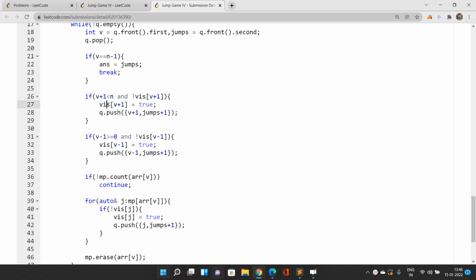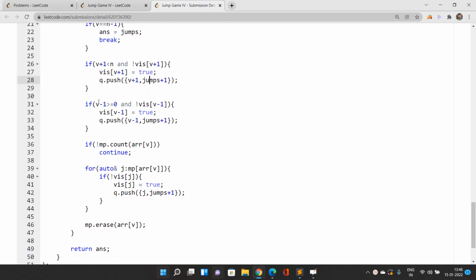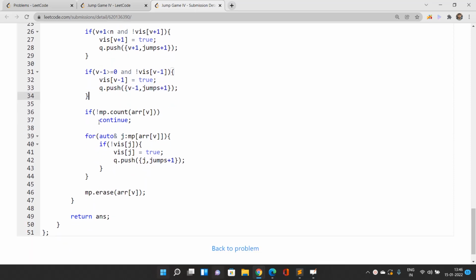Okay, so check the next value. If it is within the bounds of this array and not visited, just visit it, and the minimum number of jumps would be jumps plus 1, and push into the queue for further processing. So if v minus 1 exists and it is still not yet visited, visit it and update the minimum number of jumps.